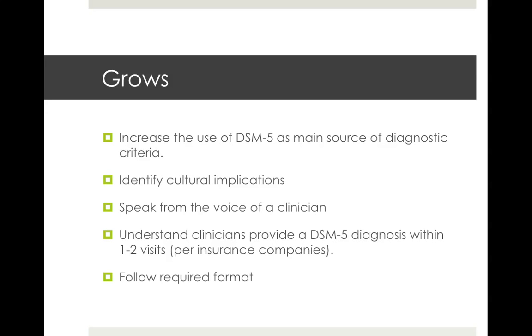There are some diagnoses that do specify whether this is something that's more traditionally seen within a certain age group, whether it's a childhood disorder or a disorder that you may see more in older adults, whether it affects women more than men or different things like that. So we want to go ahead and put those cultural implications. Cultural implications also help when we're trying to determine which interventions may be a more appropriate use with certain cultures.